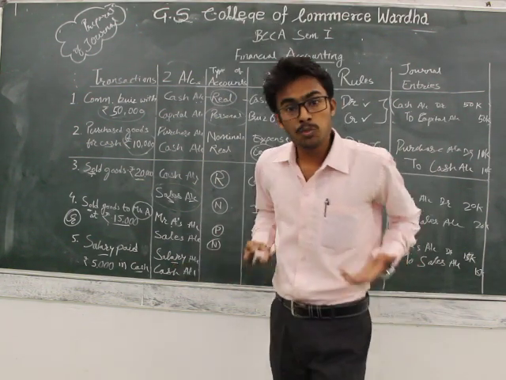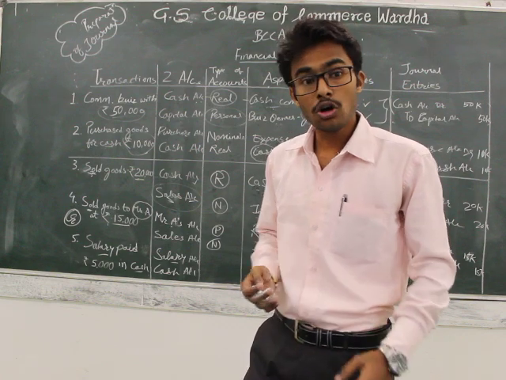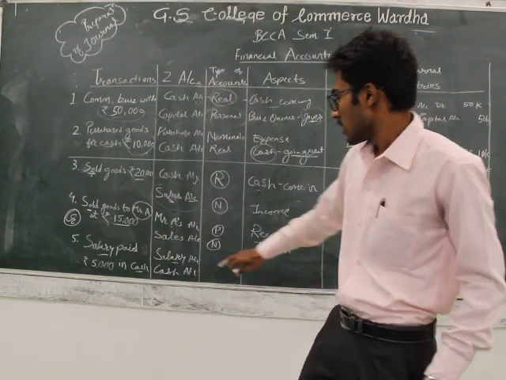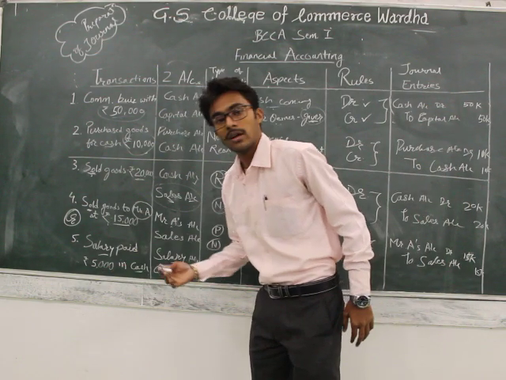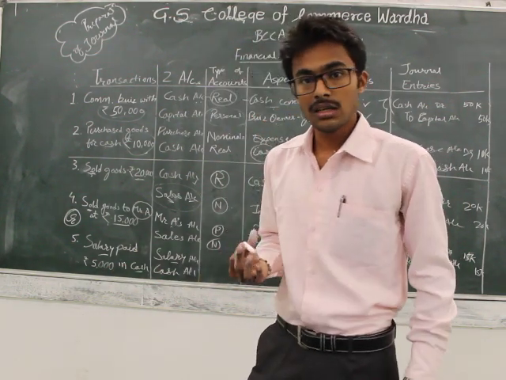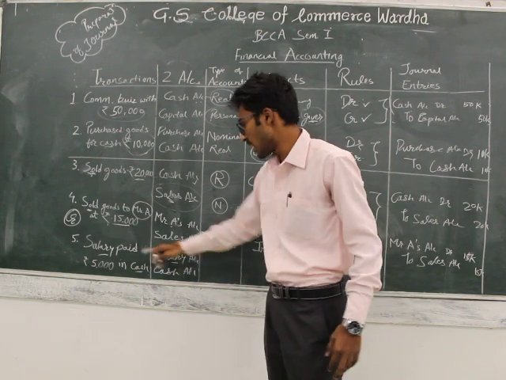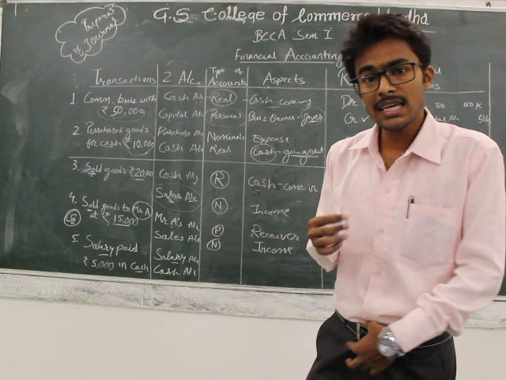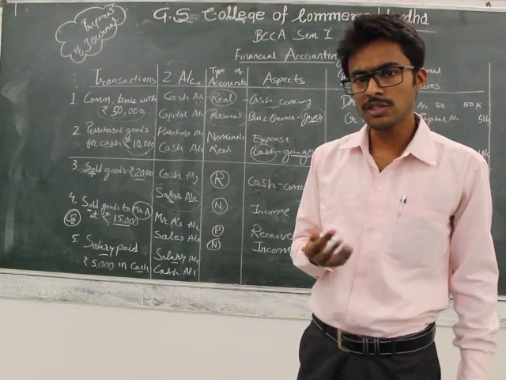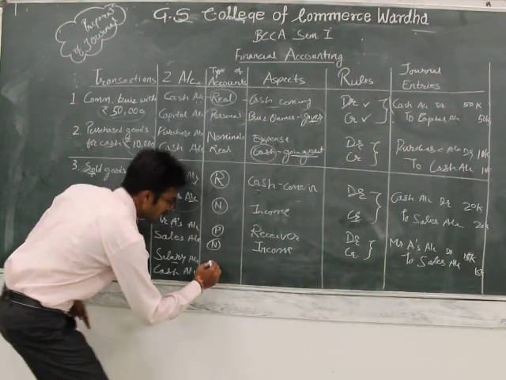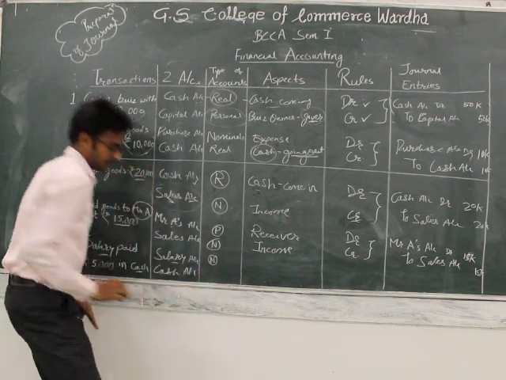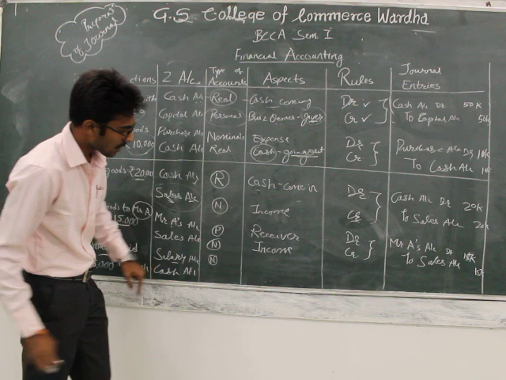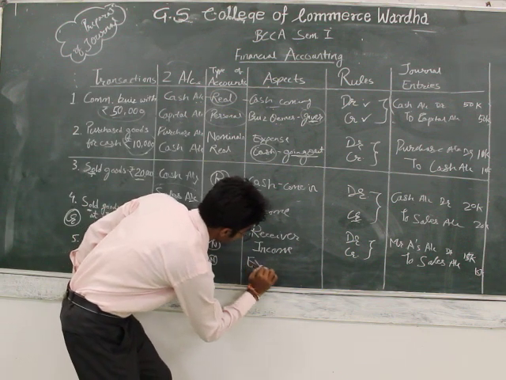Salary will be an expense for us. Why? Because we are paying this amount of cash to someone. We have incurred some kind of expense. That's why salary is an expense for us. That means salary will be a nominal account.